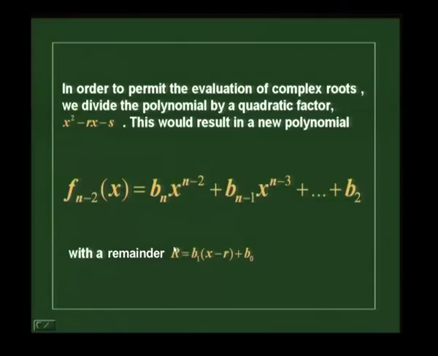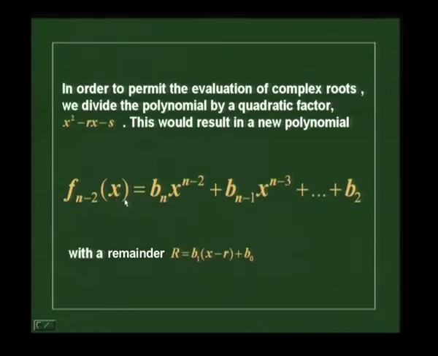So what we have to do is determine this r and s such that there is no remainder left. We need b1 and b0 to go to 0, so we have to choose r and s such that b1 and b0 are 0. That is the whole idea behind Bairstow's method.